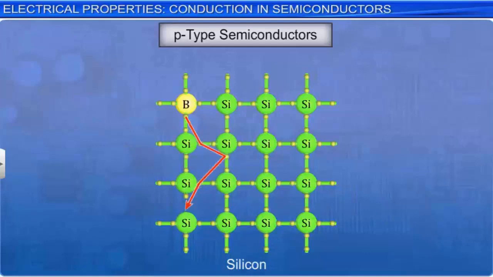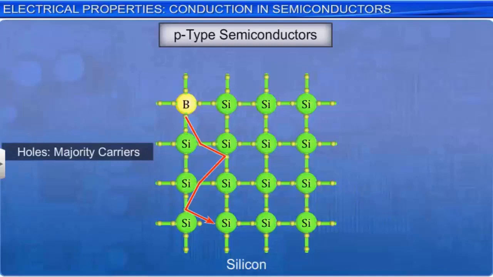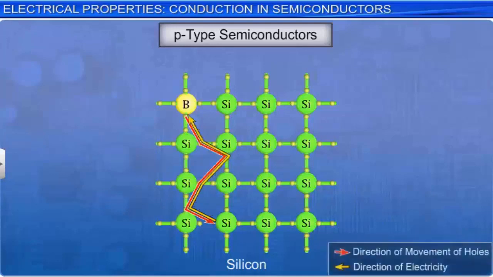It is important to note that holes are the majority carriers, while electrons are the minority carriers in P-type semiconductors. Also, the direction of conduction of electricity is opposite to the movement of holes in P-type semiconductors.